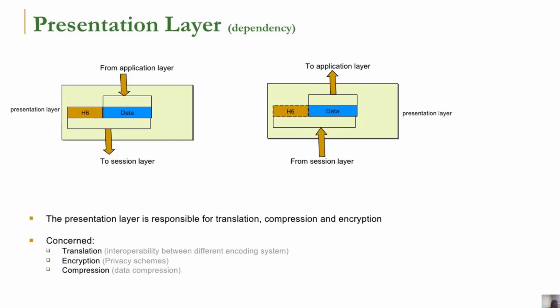And then coming to the next one, the presentation layer. This layer ensures that the data is in a format that the application layer and the user can understand. It handles tasks like data encryption, decryption, compression, and format translation.